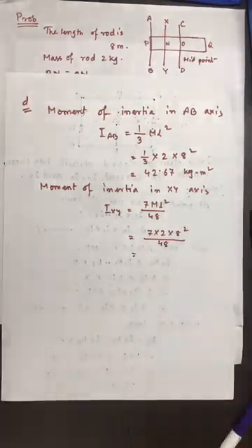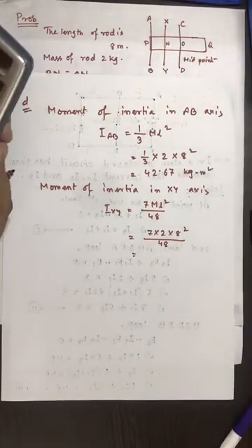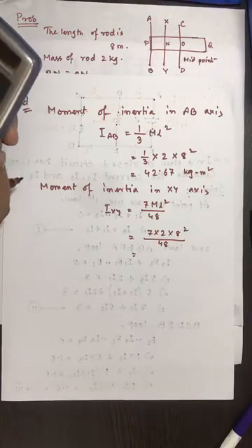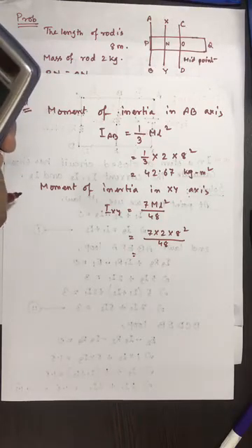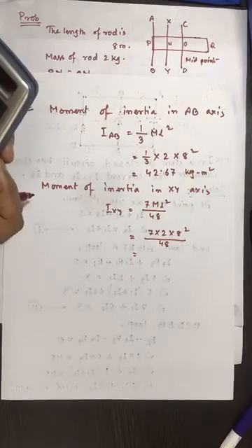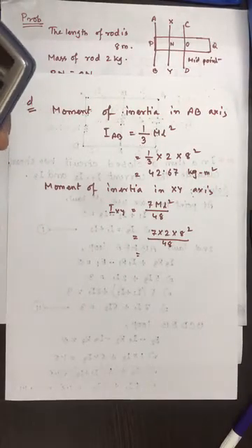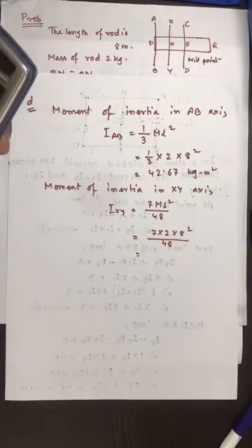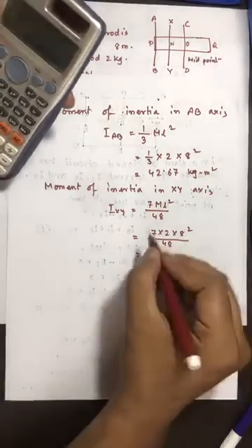In the calculator we can do it very quickly: 7 into 2 into 80 square divided by 48. This comes to 13.67.